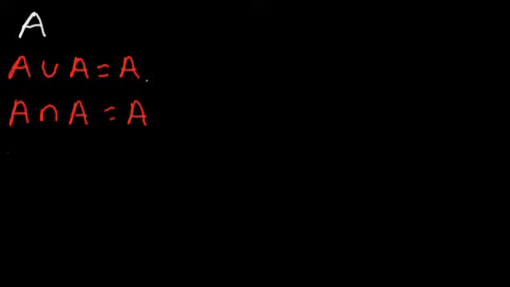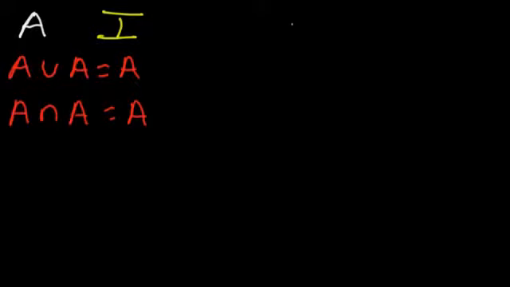This is known as the commutative law, okay? So this one is idempotent. So I will be denoting this with capital letter I, okay? Now the next one is commutative.